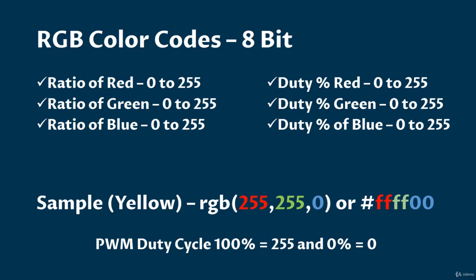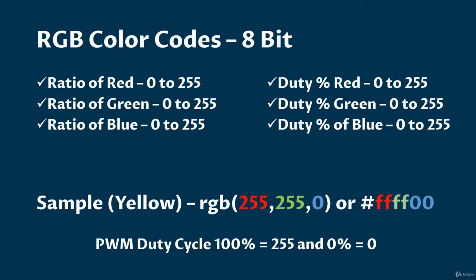So what will be the number? Hash FFFF00. This thing is known as the color code, and RGB within bracket 255 comma 255 comma 0 is the color ratio.